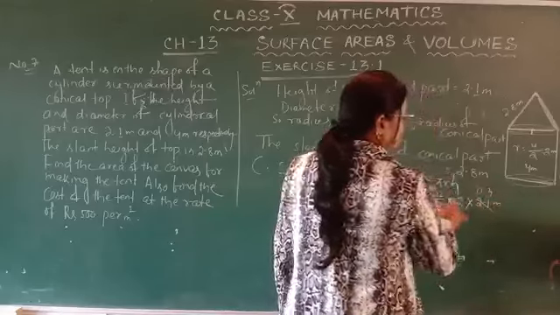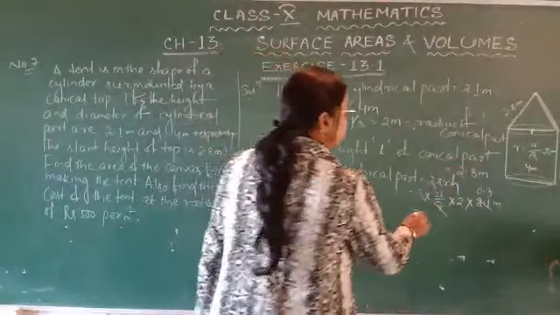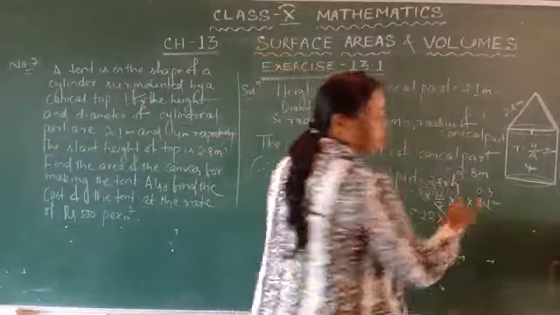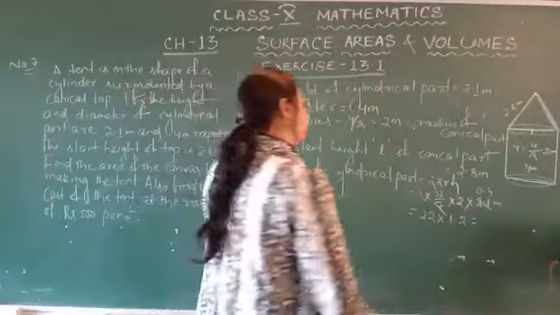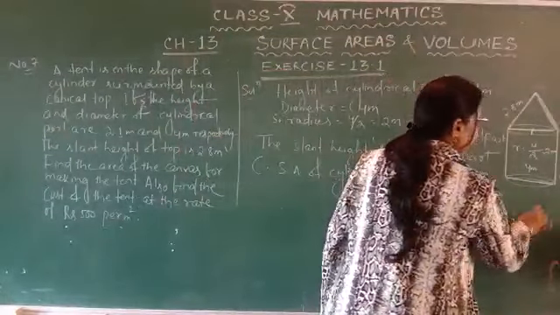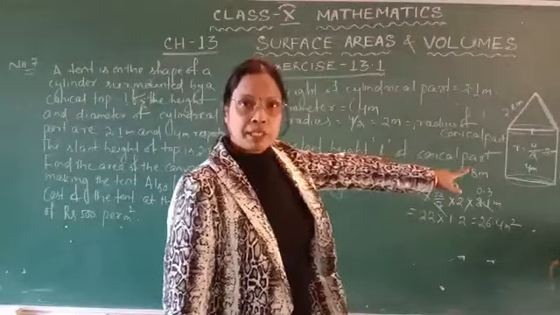So 2 into 2 is 4, 4 into 0.3 is 1.2. So 22 into 1.2 is equal to 26.4 meter square. So this is the curved surface area of the cylindrical part.